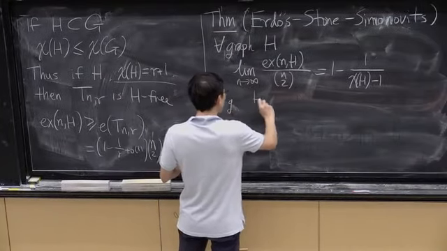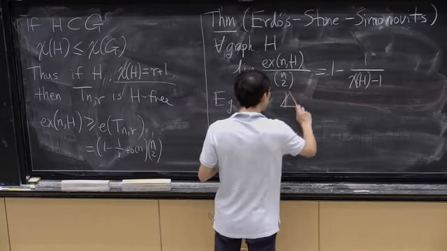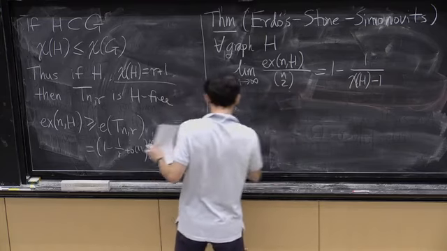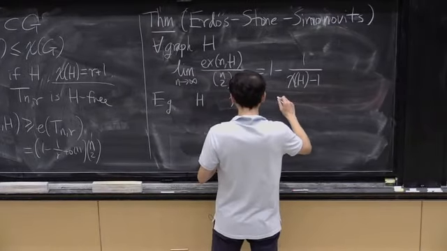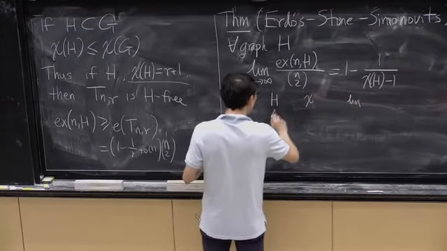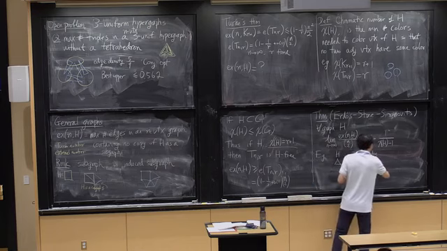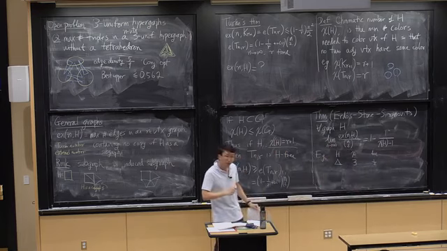So if H is a triangle, the chromatic number is 3. Okay, so then this limit is 1/2. And that's indeed the case. So that's what we did with Mantel's theorem.